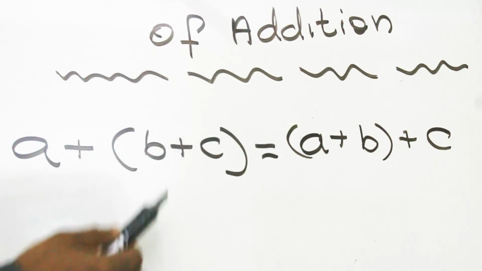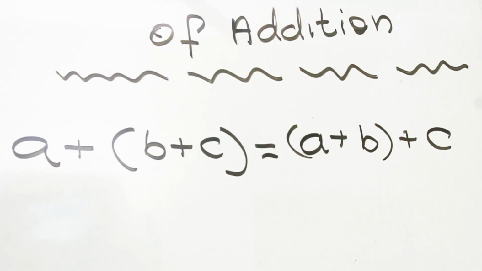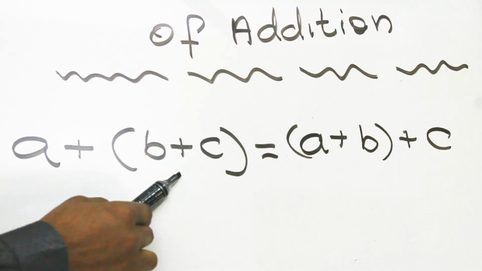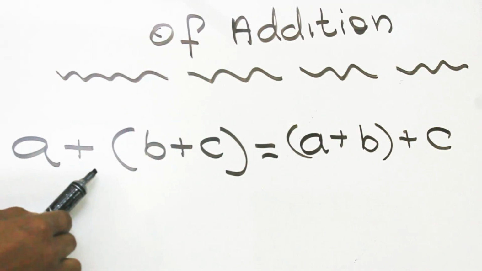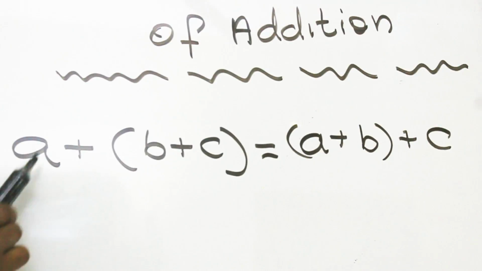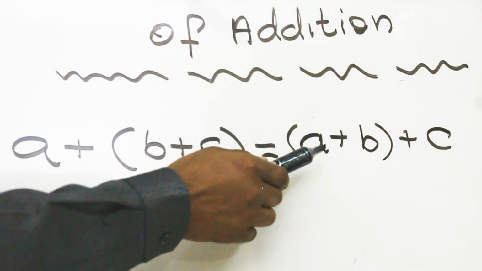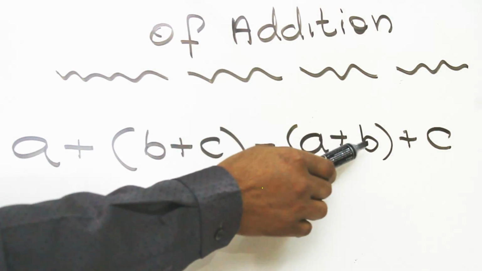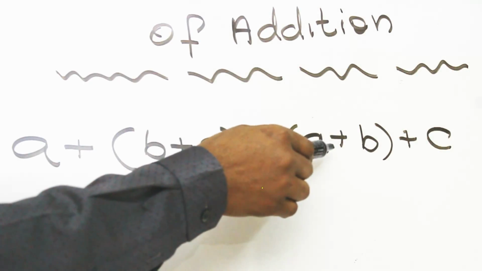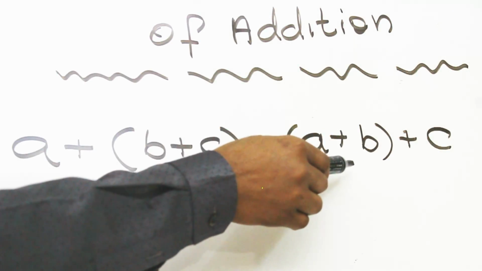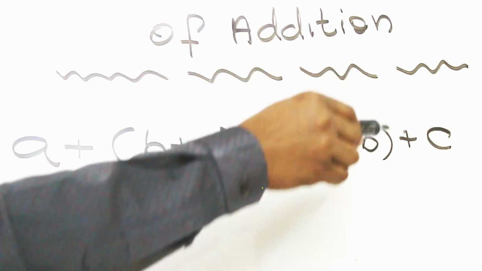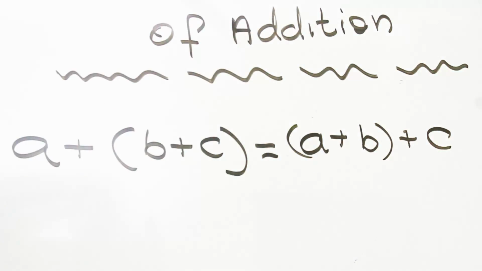In the first, the bracket gets first priority, so we add B and C together, and then add A. In the other, we do A plus B first and then add C. Both answers will be equal. This property is called the associative property of addition.